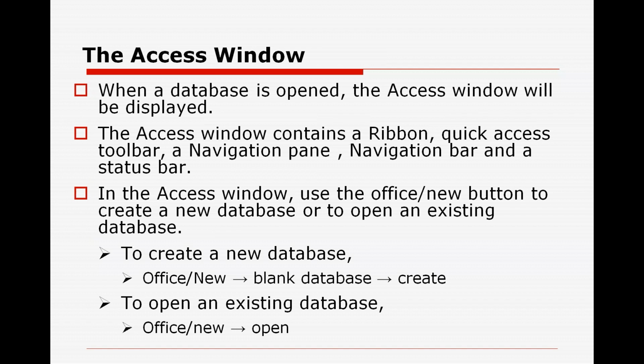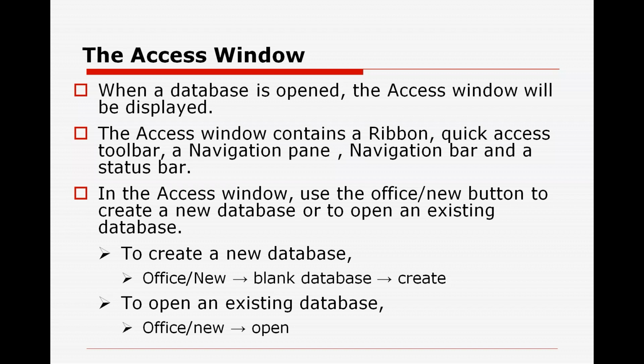You can see the ribbon, quick access toolbar, navigation pane, and whatever else. But what is the difference? Simply, you can create an Access file, and that Access file will be the database. You can create a new database, that means one Access file.